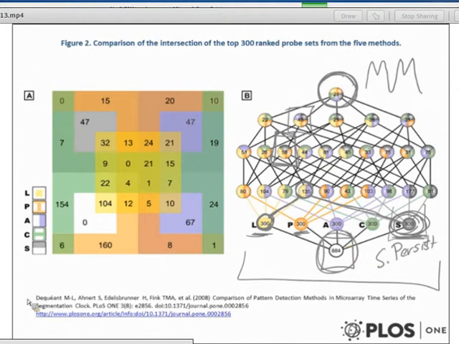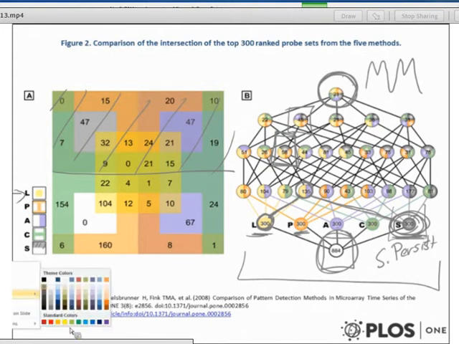On the left side over here, what we have is the genes for the stable persistence. That is the top half. So all of these genes, if you add up the numbers, 0 plus 15 plus 20, all these numbers on the top half, you will get 300. If I take a look at the L method, I need a yellow color.